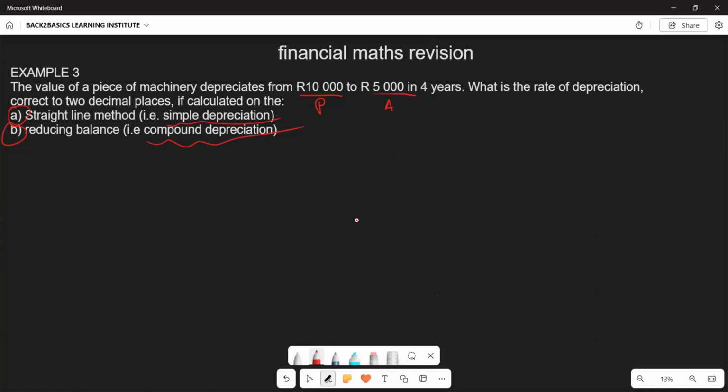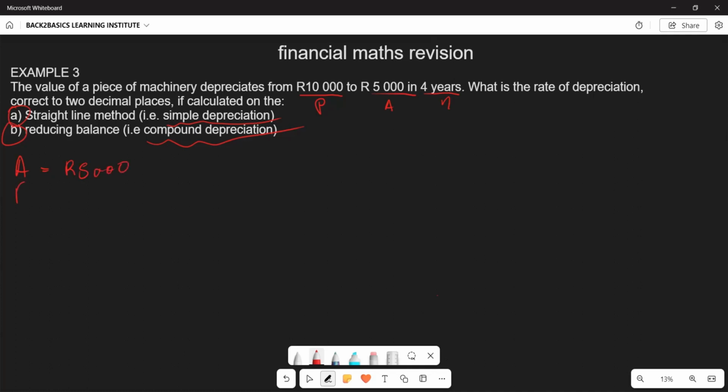Now what they require us to do is to calculate the rate, and we're given that this was calculated in 4 years. So this is going to be the number of years. We have the A, the accumulated amount, which is 5,000.